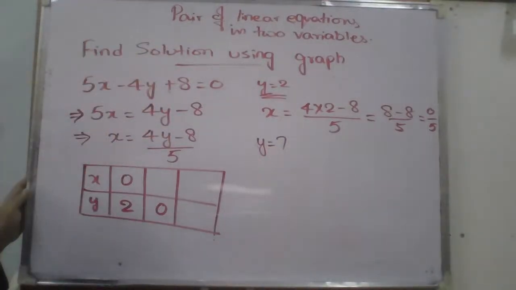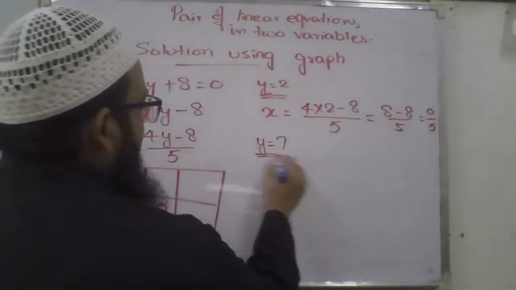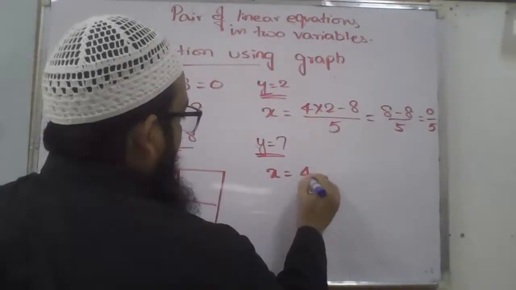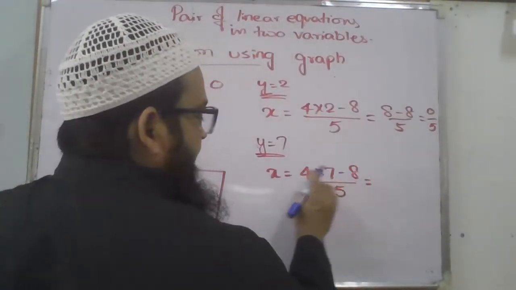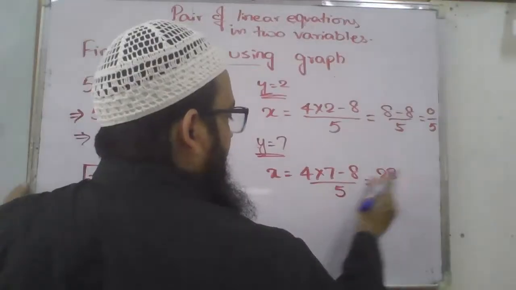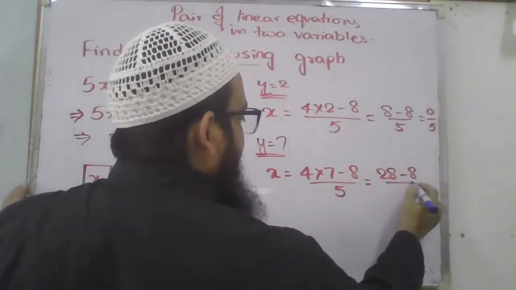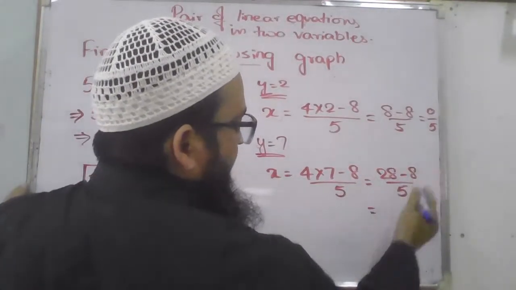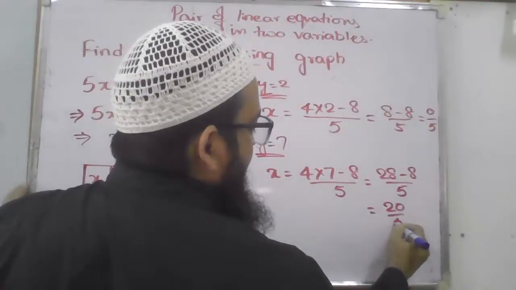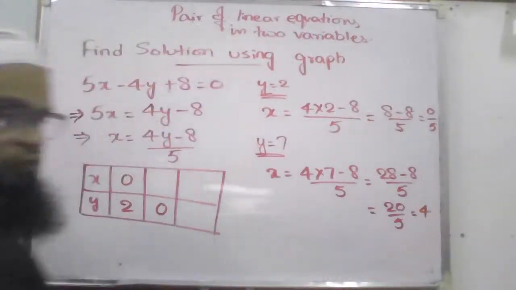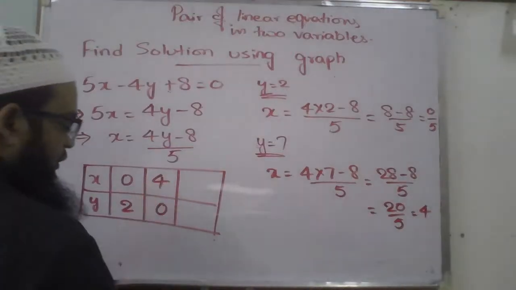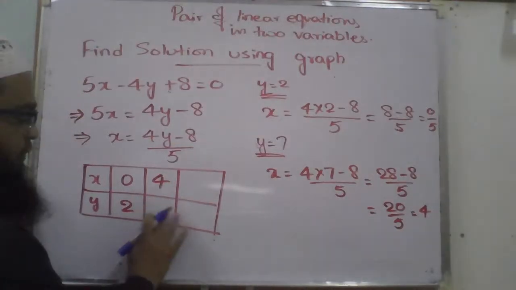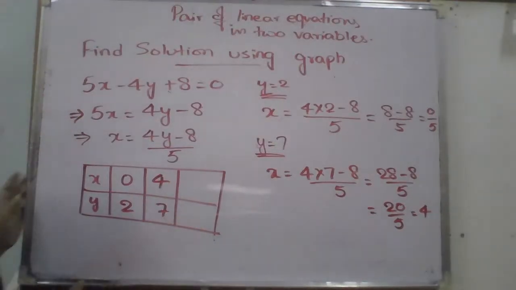Let us take y is equal to 7. x is equal to 4 times 7 minus 8 divided by 5. 7 fours are 28, and minus 8, 28 minus 8 is 20, divided by 5, so that equals 4. Is it right? So the value of x is 4 for y is equal to 7.